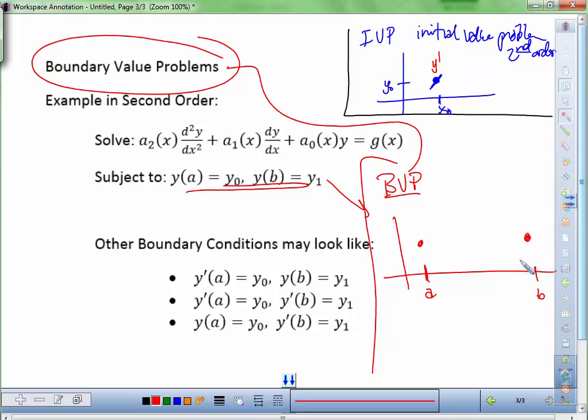It's going to give you information about the endpoints and won't necessarily give you any information about the slopes. As long as you have some information about the endpoints, then there's a good chance that I can find a solution that connects those two things. So that's the picture that's involved if you have a differential equation with boundary conditions that tell you something about the boundary of this graph.